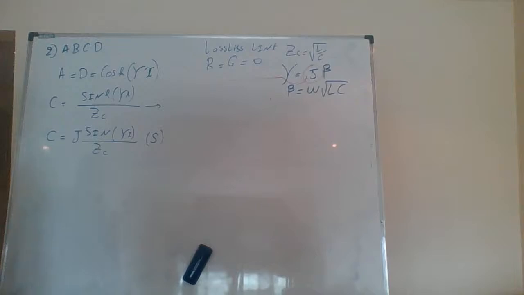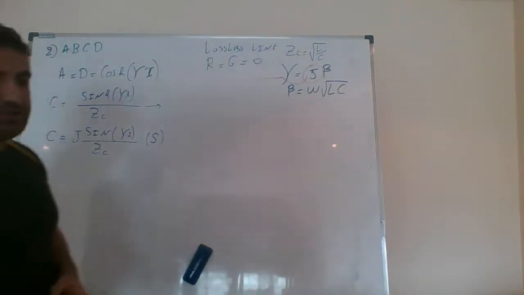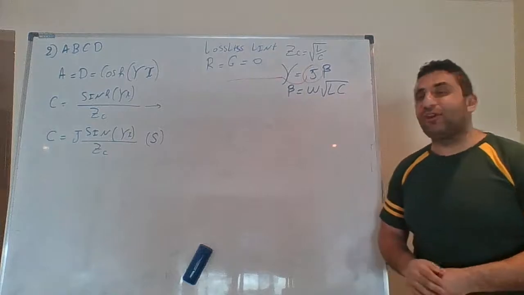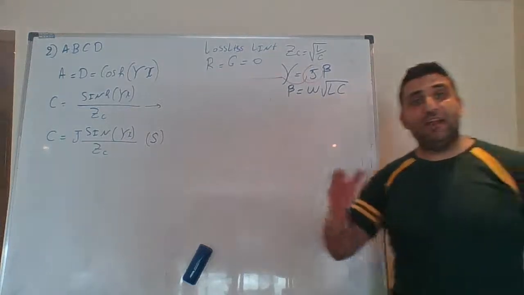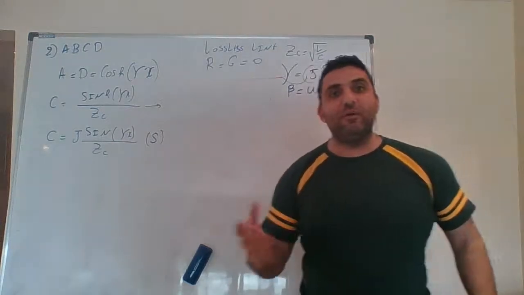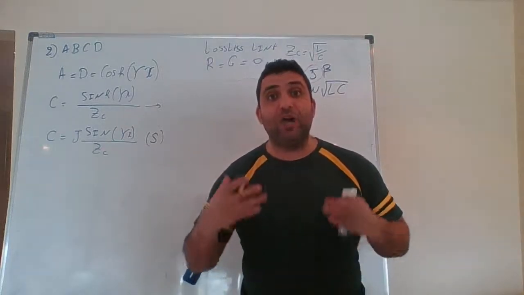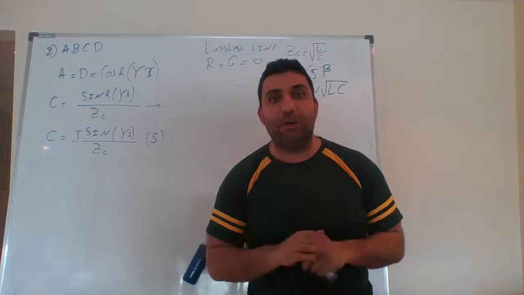Can you see all these justifications, all this reduction in complexity for a lossless line? Like I said before, nowadays it's unacceptable to design a line with high P losses, real power losses.